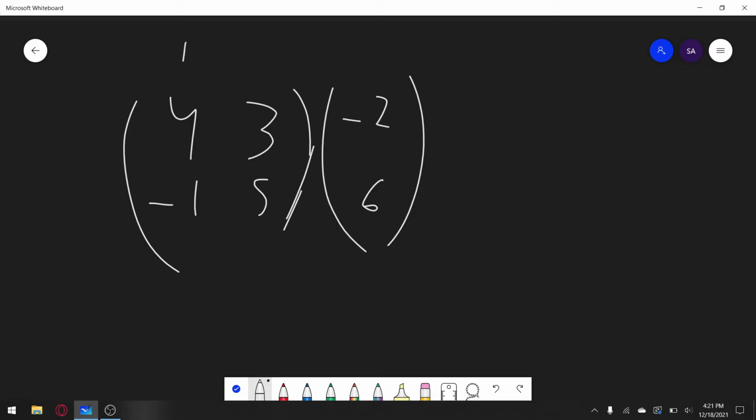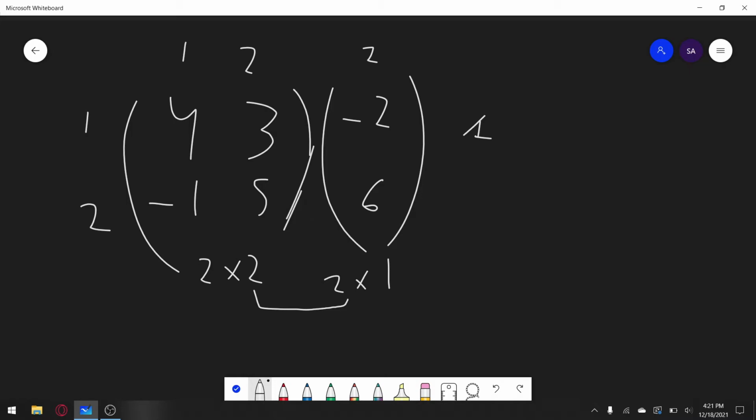In the first we have 2 rows and 2 columns, whereas here we have 2 rows and 1 column. Since these two numbers are the same, solving this further is possible.